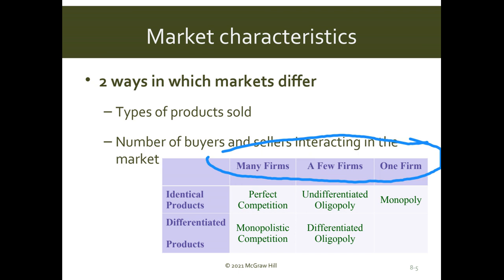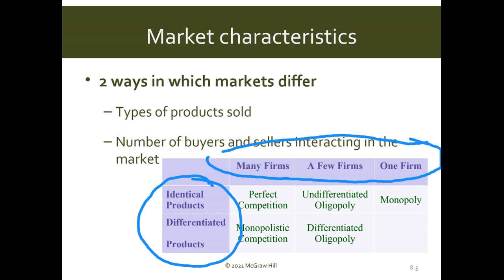characteristic or one factor. The second factor is the nature of the product. So you have only two possibilities: either all firms or only one firm. In only one firm, there's no question of similar product or identical product or differentiated product. There's only one product. That's all. There's only one firm producing only one product.